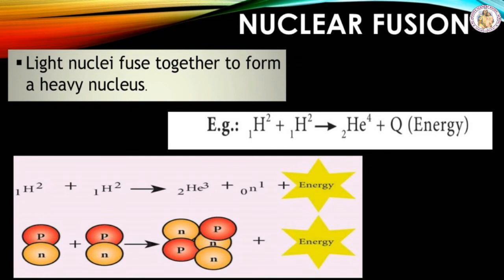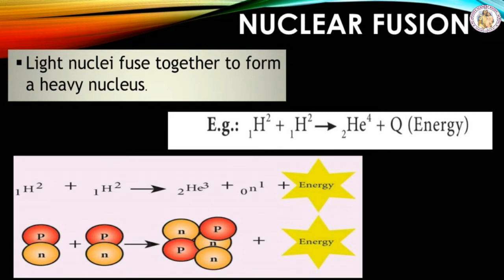Here 1H2 is the isotope of hydrogen, that is deuterium. When we combine two lighter nuclei, it forms a heavier nucleus, that is helium. Actually 2He3, it is unstable. So helium plus a neutron is released, and energy is also released at the same time.